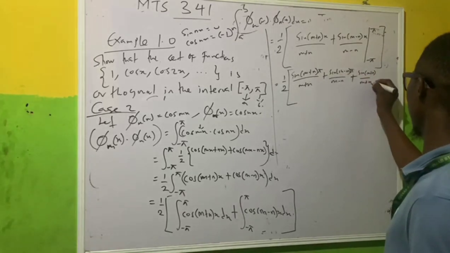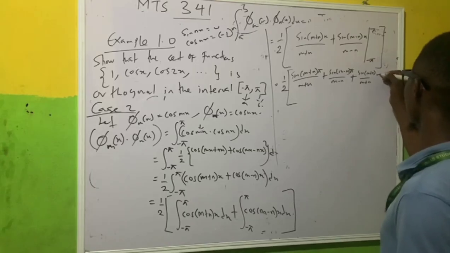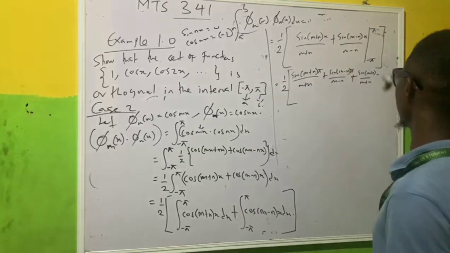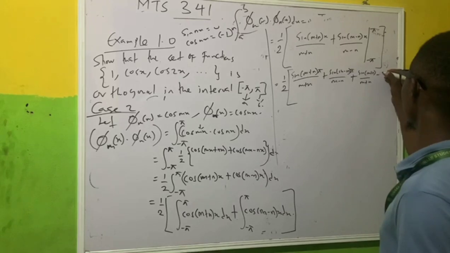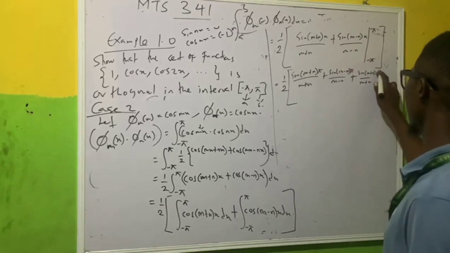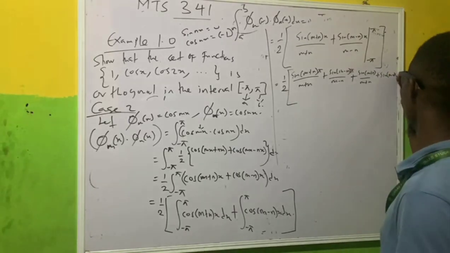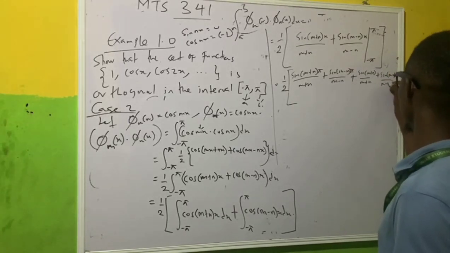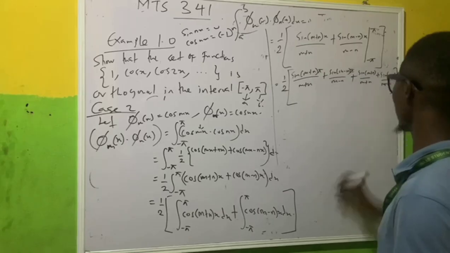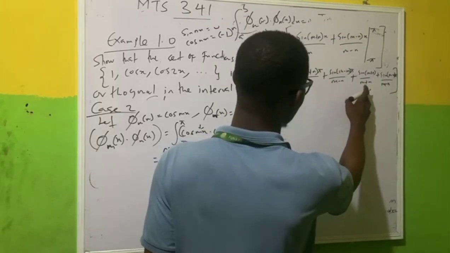So m plus n, then minus sine, okay, plus sine m minus n pi over m minus n, then you close the case. So this and this can be added.